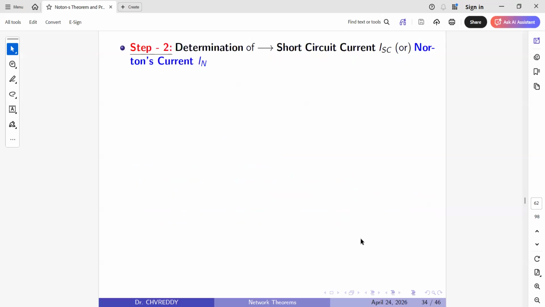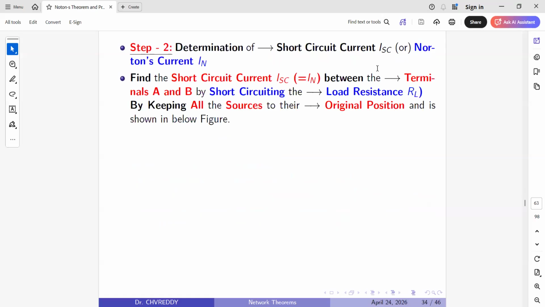The second step is determination of the short circuit current or Norton's current. How to calculate it? In order to find the short circuit current or Norton's current between the terminals A and B, we short circuit the load resistance RL, and we have to keep all the sources in their original position.